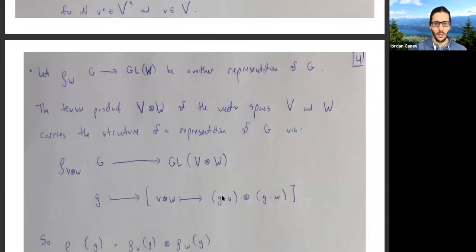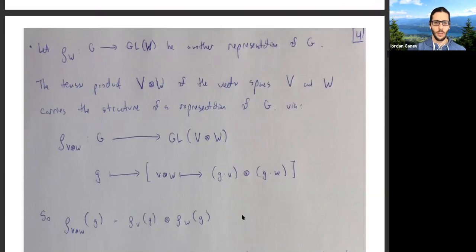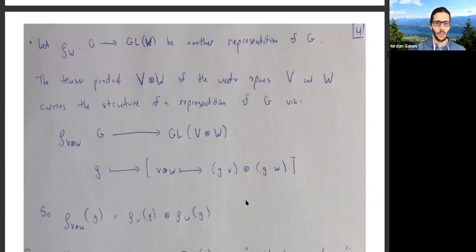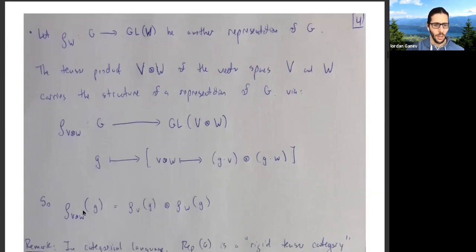And again, this acting here is rho sub capital V, this is rho sub capital W. Then this extends in the obvious way to non-simple tensors. All right, so in other words, rho V tensor W is just the tensor product of rho V and rho W.